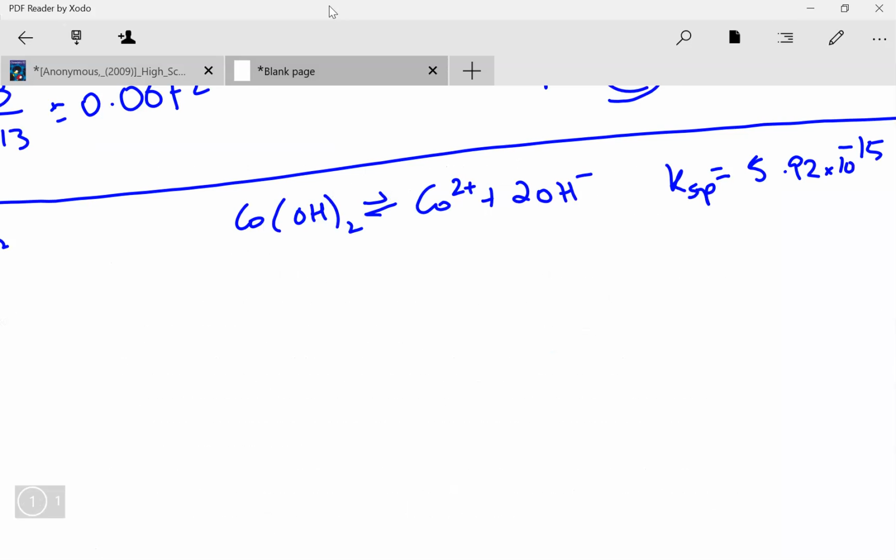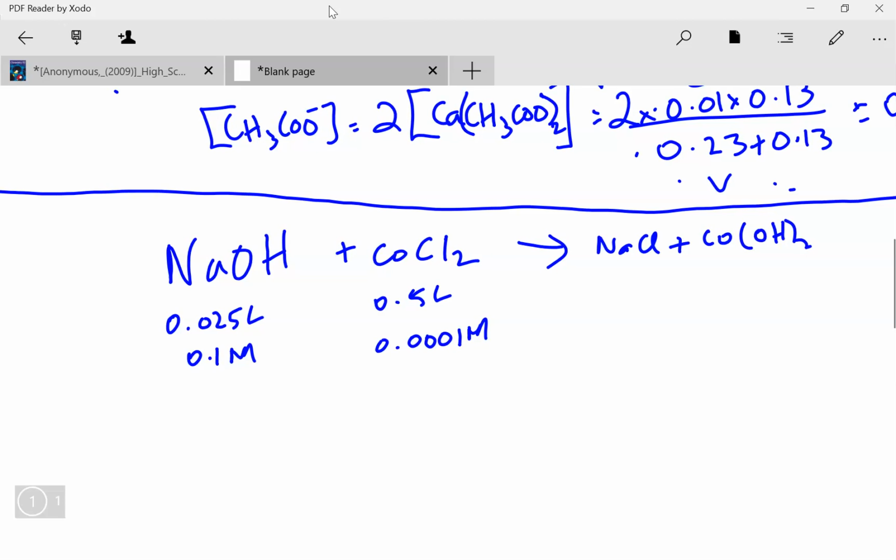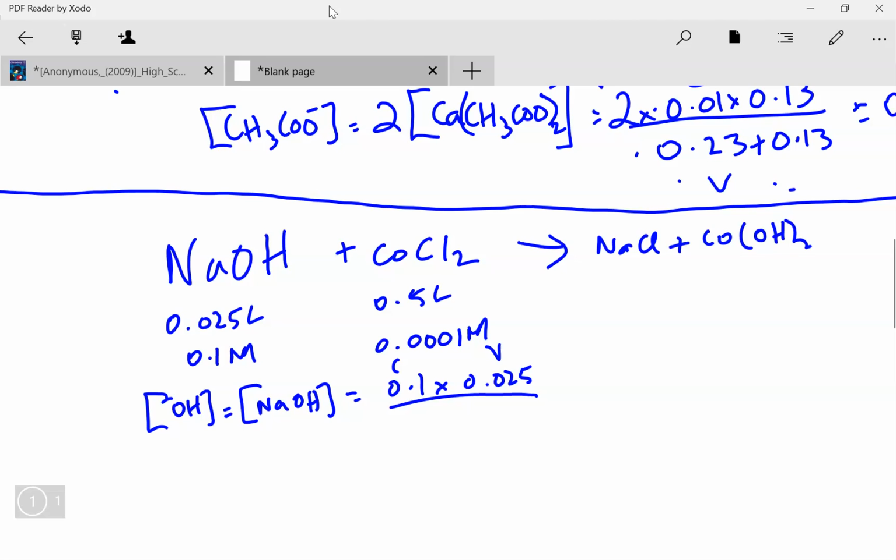Does a precipitate form? Okay. So again, initial concentrations of cobalt and hydroxide are what I need. So the initial concentration of hydroxide is the same as the initial concentration of sodium hydroxide, which is 0.1 concentration times 0.025, which is the volume, which gives me number of moles, divided by my total volume, 0.525.